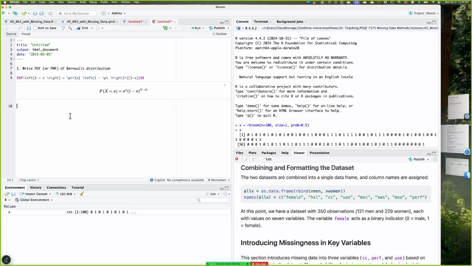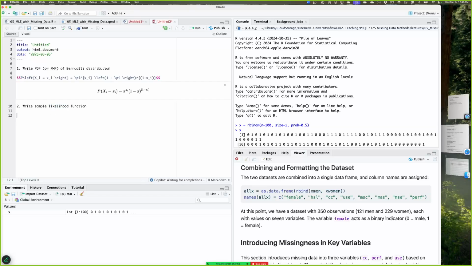Great. Step 2 is write the sample likelihood function. Really, this is for one observation, x sub i. If I put subscripts on all of these, you will see x sub i. Remember, it's not a log likelihood, it's a sample likelihood.